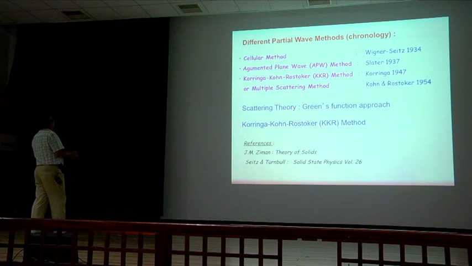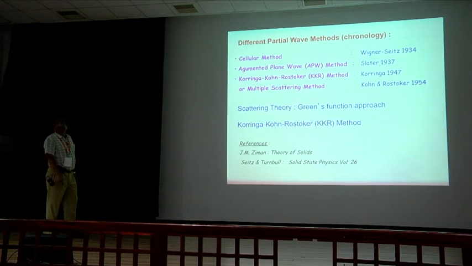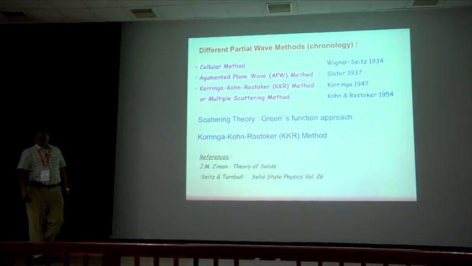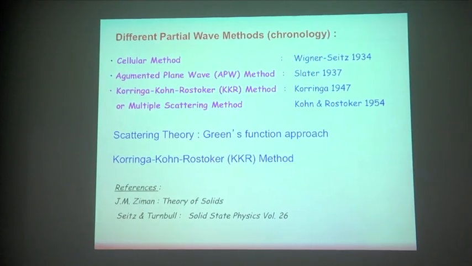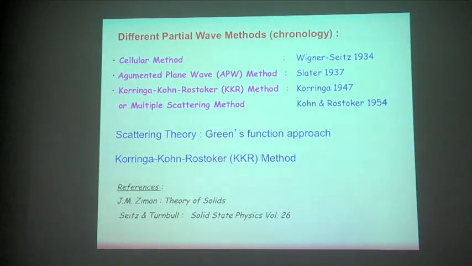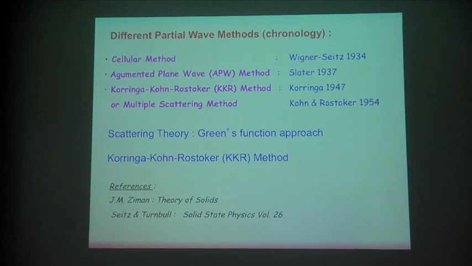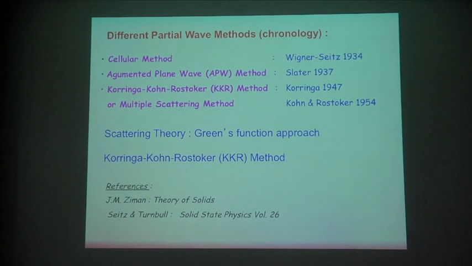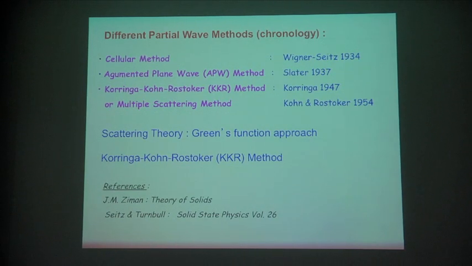Now, historically, the different partial wave methods, chronologically, the first one was Wigner and Seitz in 1934. Unbelievable. If you want to see the Wigner-Seitz method, I will not be able to go through it, but it is very simple. You can see Ashcroft and Mermin, which chapter I have forgotten now. Ashcroft and Mermin gives a nice derivation of the so-called Wigner-Seitz method.